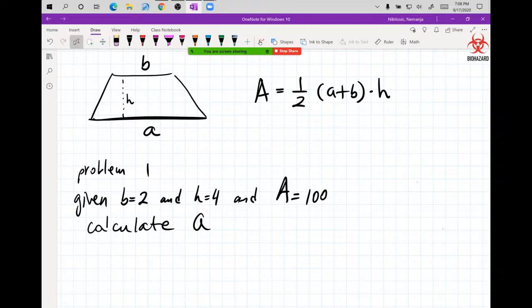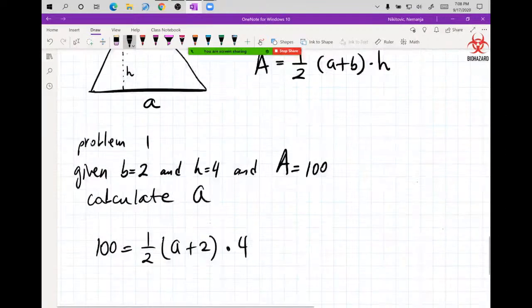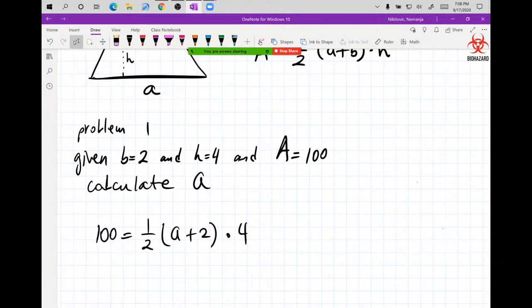So what you would do in this case is just plug everything in. You have 100 is equal to 1/2, and then A plus 2, and then times 4. I would just plug everything in and solve this problem, because this is the equation that we learned earlier.